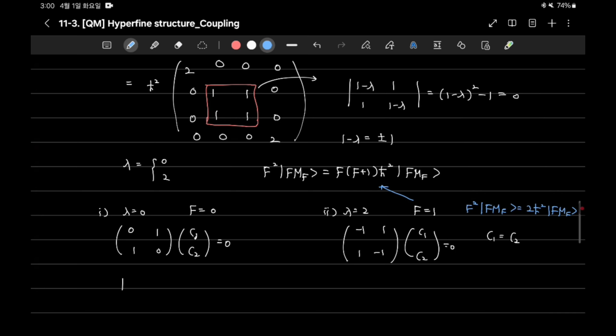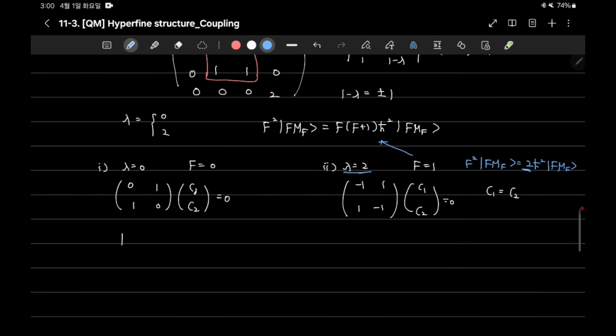That corresponds to the lambda equal to 2 case, so lambda equal to 2 is satisfied. So this f mf has the state 1 or 0.